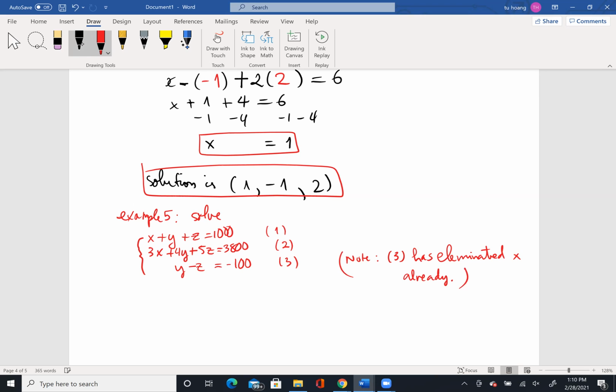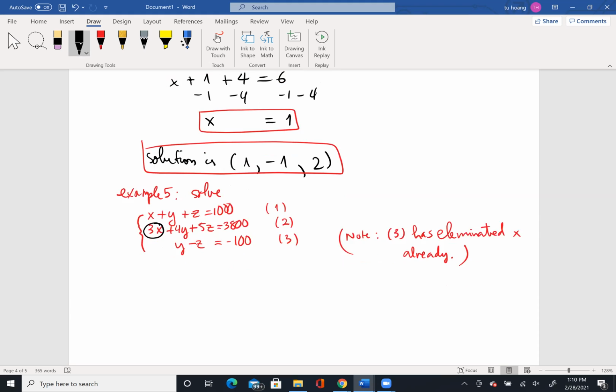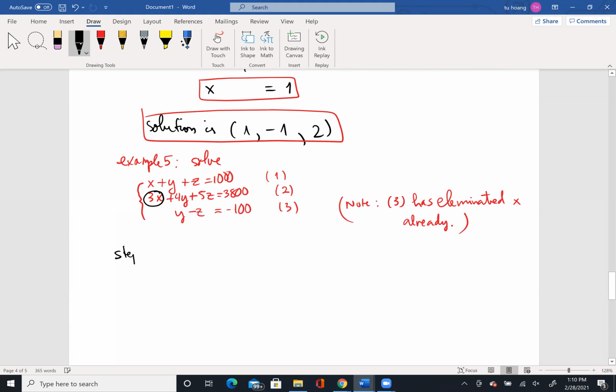So what I should do in this case is try to eliminate x in equation number 2 by using equation 1. From step 1, I'm just gonna try to eliminate variable x in equation number 2 by using equation 1. Okay.